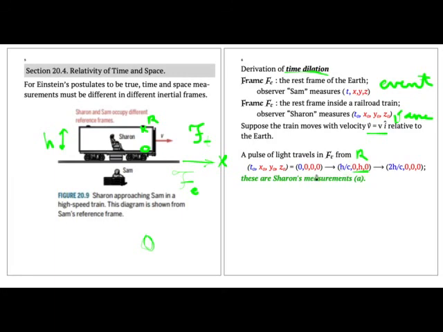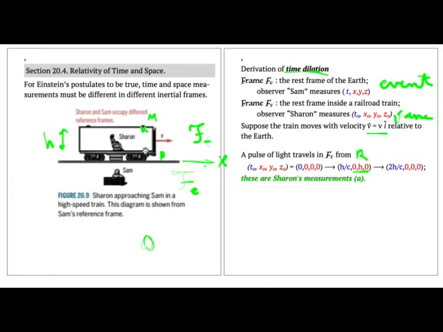Now let's suppose that at R there's a mirror. Then the pulse of light will reflect from the mirror and come back down to the original point. Let's make it one point here, and we'll call that point P. That point is both the source and a receiver.